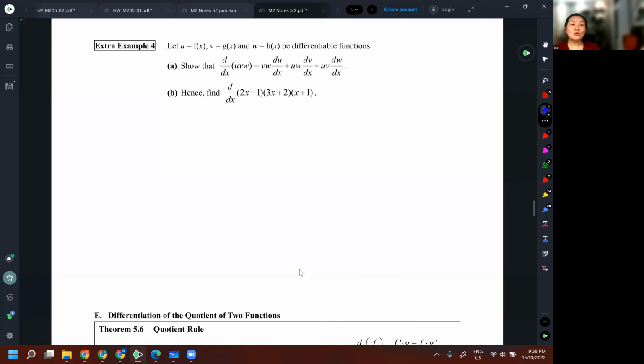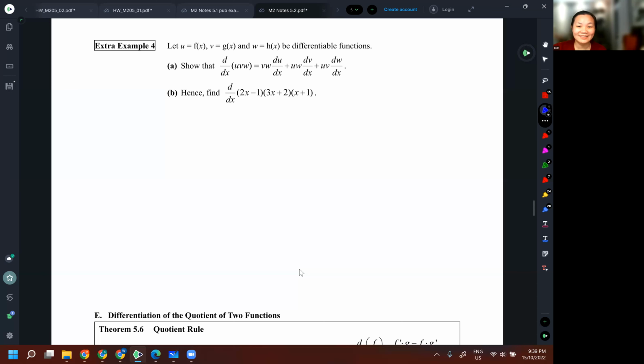And you need to show that this is the rule. Now, to show this is the rule, we do not use the first principles anymore, although you can. You can try, but it's not easy. In my mind, you may have to add a few terms and subtract a few terms, but let's not do that. Let's use some other ways.